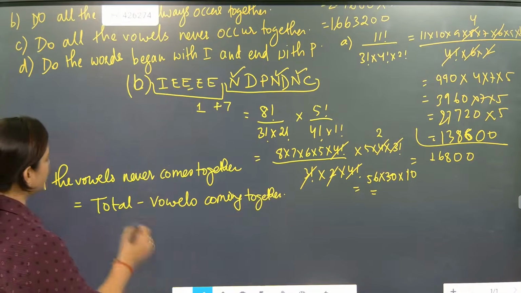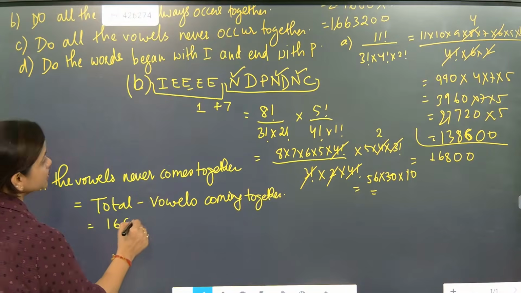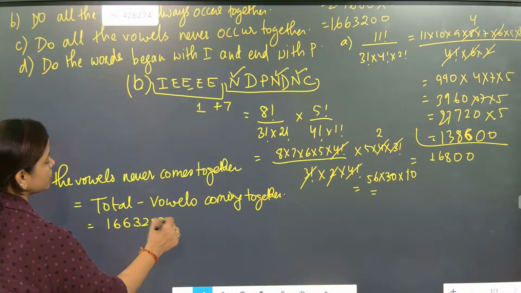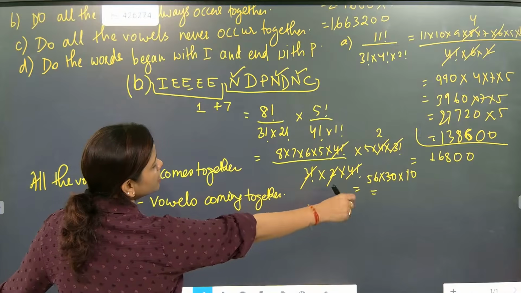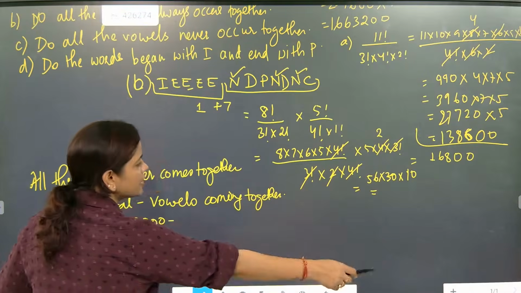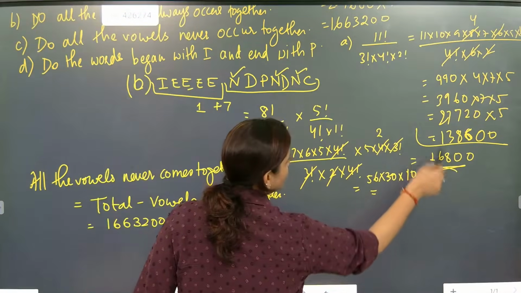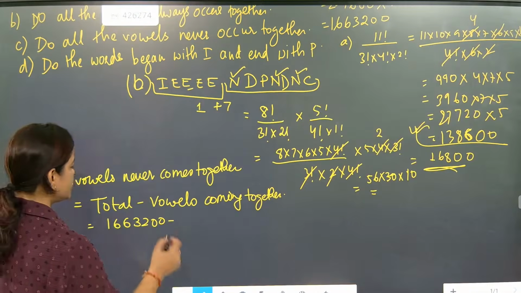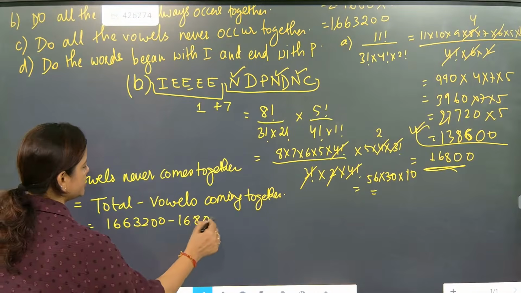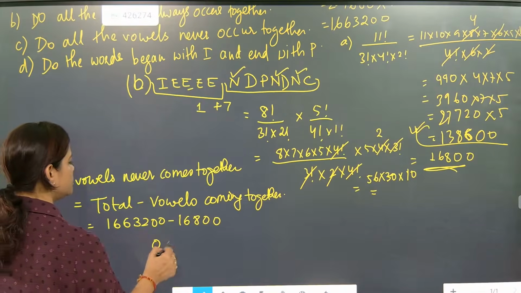What is the total we got? 1663200. And when the vowels are coming together, the answer is 16800.